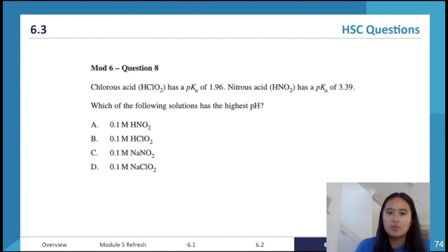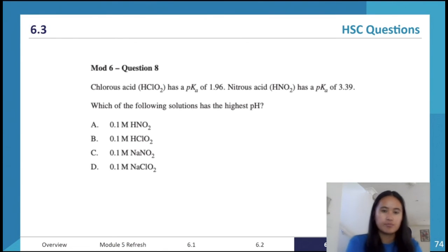So the lower pKa means that it's a stronger acid, which means that you have a higher degree of dissociation, which means that usually you have a lower pH.